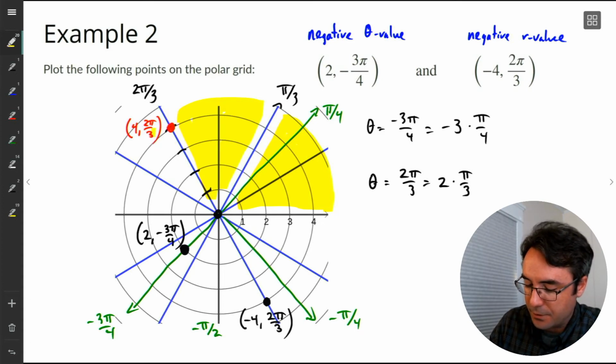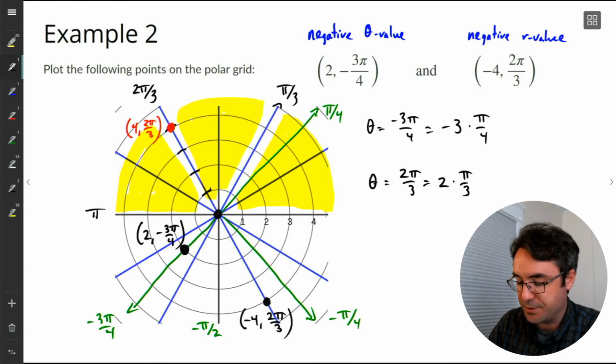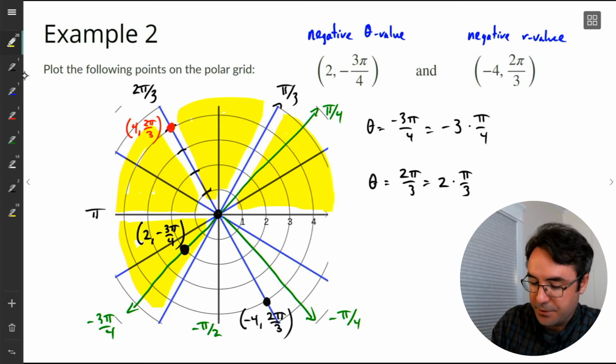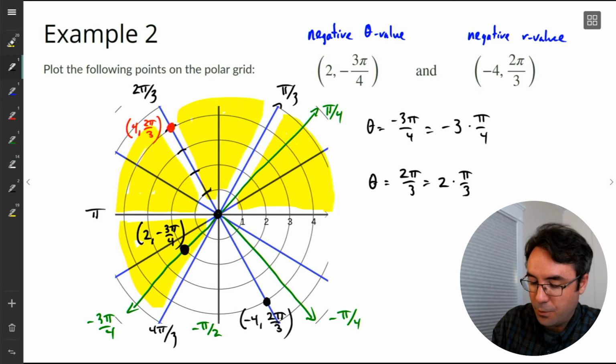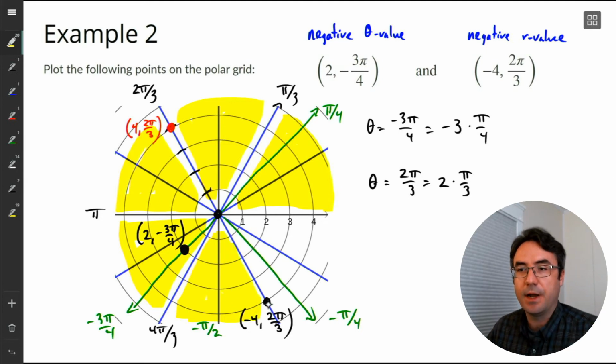If we do another one of those wedges, that would take us to 3 pi over 3, which we usually write as just pi. Then if we do another one, here's 4 pi over 3. And then if we do one more wedge, that gets us to the one we're on, which we could also write as 5 pi over 3.